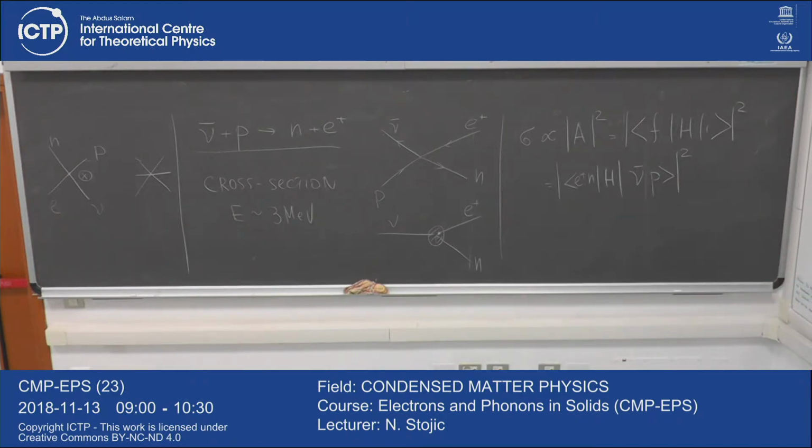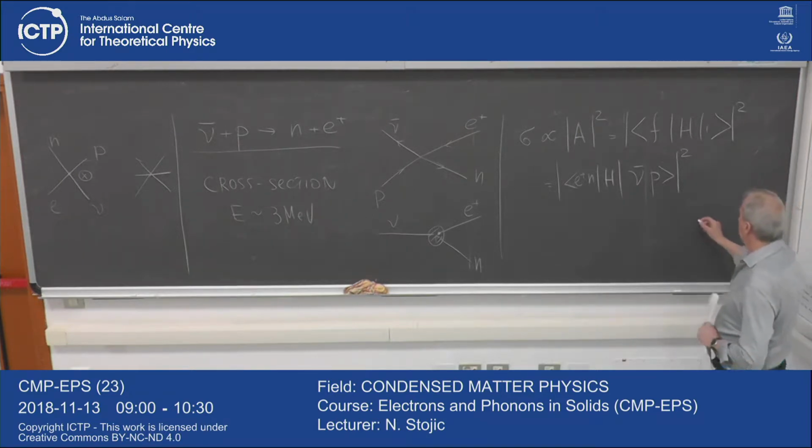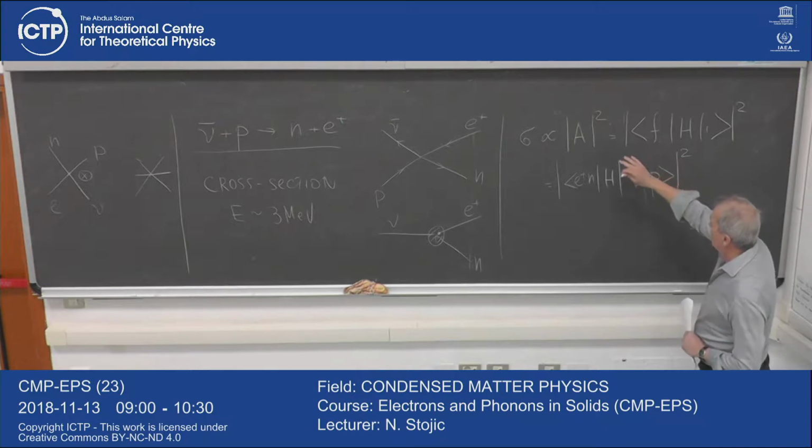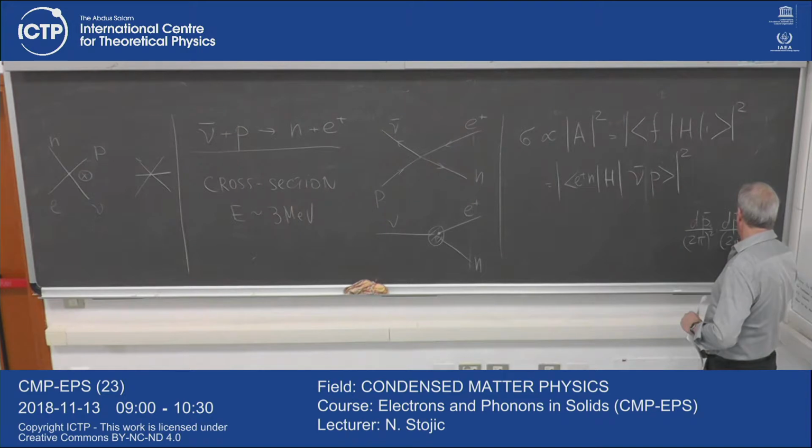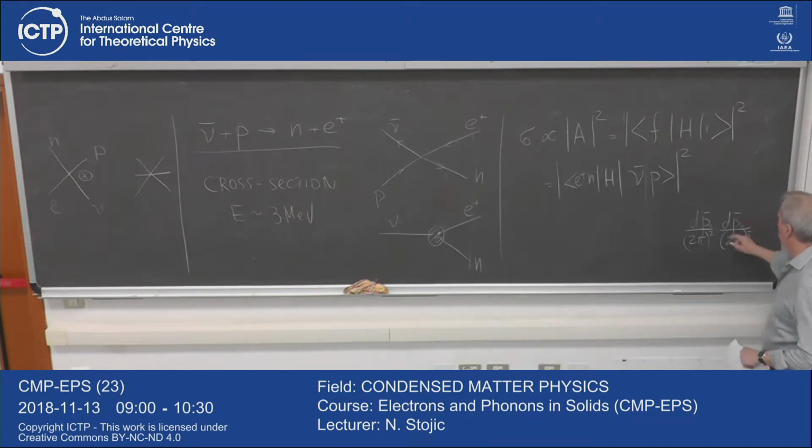Have you learned something about phase volume? So essentially you have two particles in the final state, and to compute the cross-section you need to add these factors, which is the momentum of positron and then the momentum of neutron.